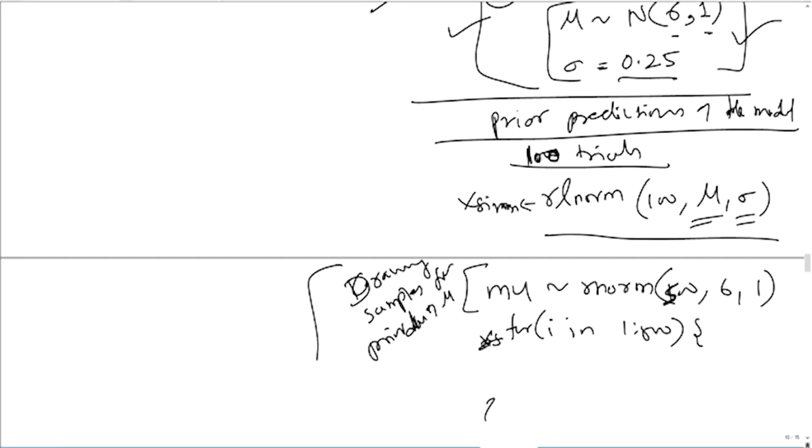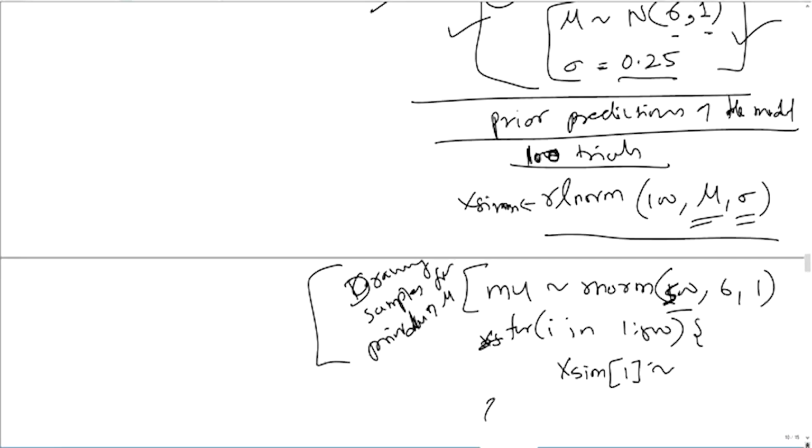So you are drawing 500 samples from the prior distribution of mu. Now for each sample of mu from its prior distribution, you would generate a prior predictive sample. Each sample that you generate is called a prior predictive sample.